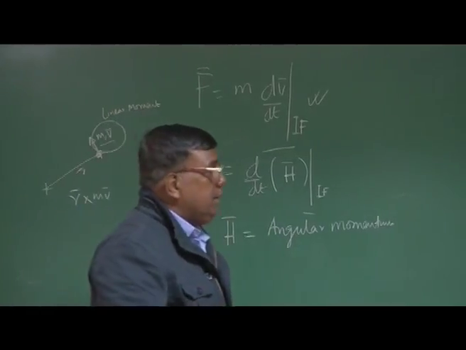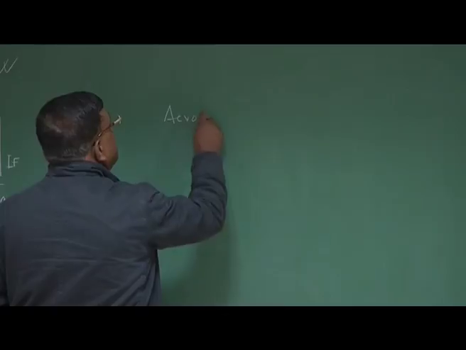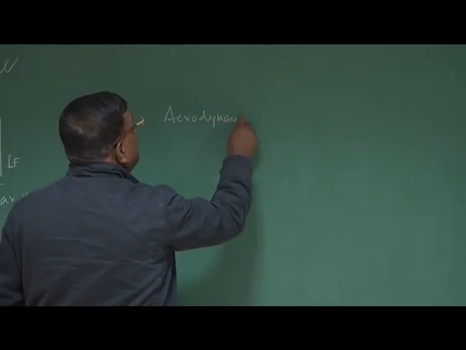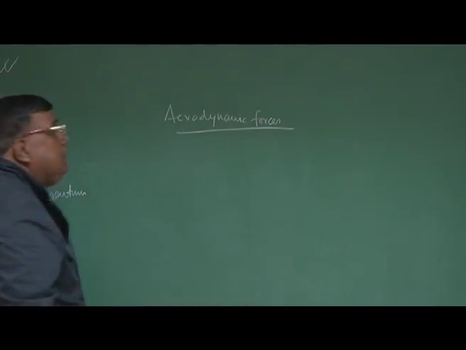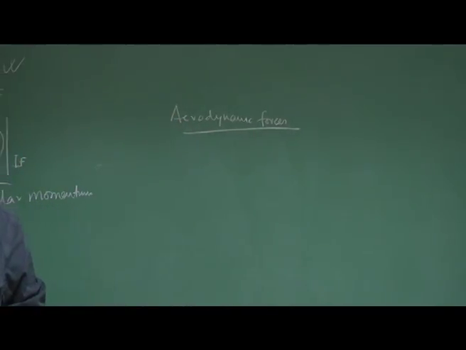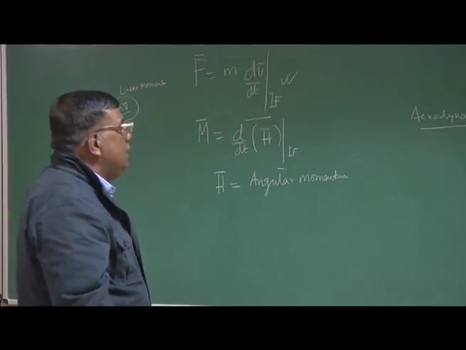Now see the conflict. When I want to find aerodynamic forces, what did we discuss? We discussed it depends upon the relative velocity. It doesn't depend upon the ground velocity.